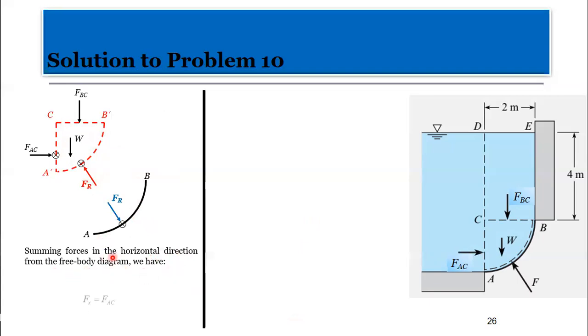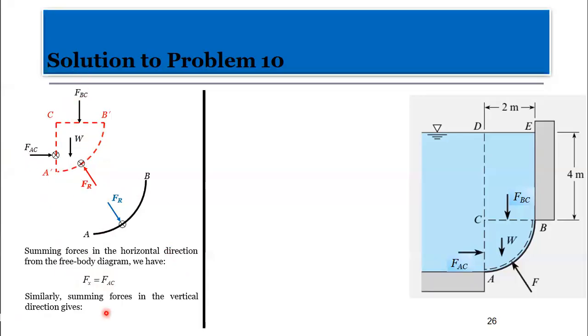we end up having Fx. So for Fx, we have only one horizontal force, FAC. So Fx is equal to FAC. Similarly, if we sum the vertical forces here, remember they are all acting downward.